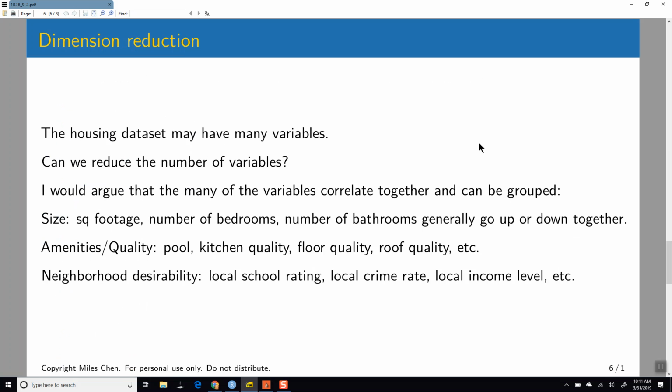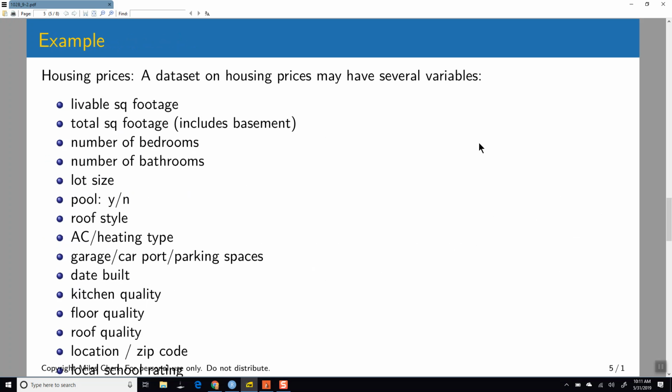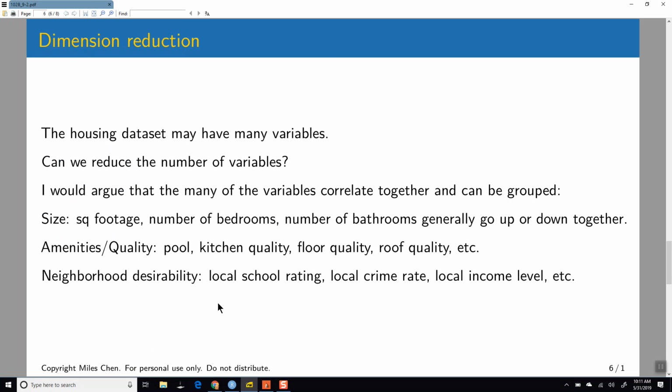They don't necessarily have to all be positively correlated, but these variables will generally be strongly correlated together. So rather than looking at a list of like 15 variables, you can just give a house a score on these 3: big size, high quality, high neighborhood desirability, and this will be a very expensive house, right?